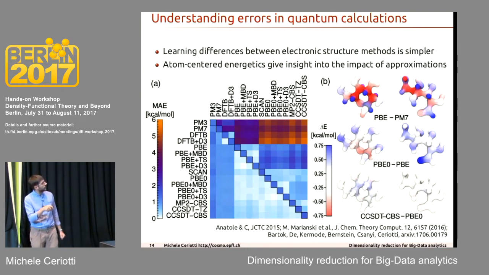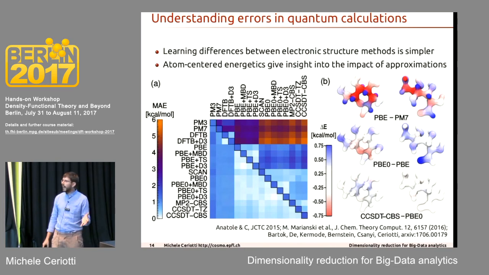However, if you look at the lower triangle, which is showing you the error after you apply the machine learning correction, you see that basically there isn't much difference between GGA and hybrids. So what this is telling us effectively is that the correction that comes from exact exchange is very easy to machine learn. And typically this means that it's a short range correction.